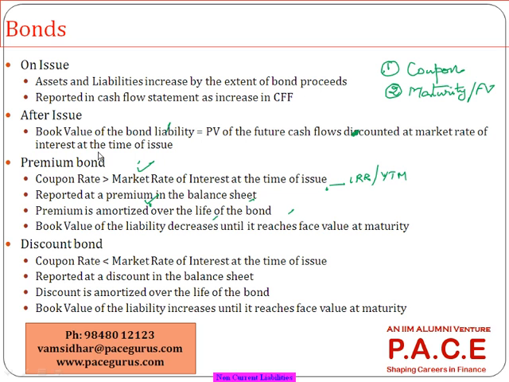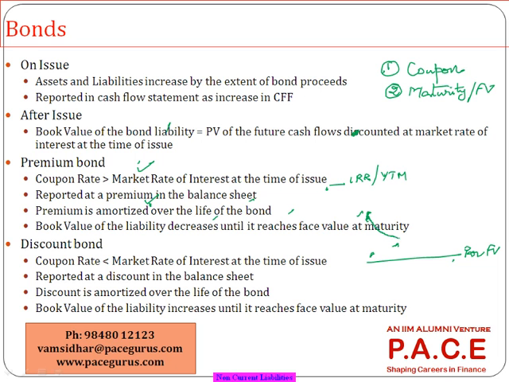The only thing is, you should see that the loan liabilities will come like this. Let's say this is the par value, face value. If it is a premium bond, initially it will be shown at much higher than the face value.